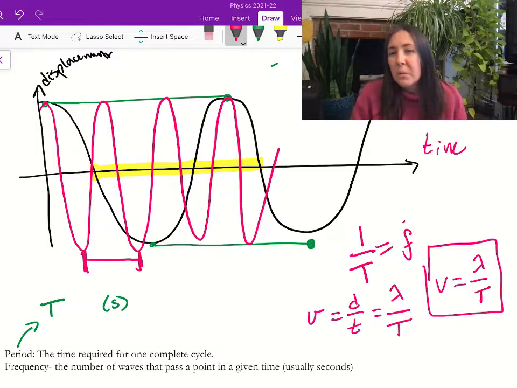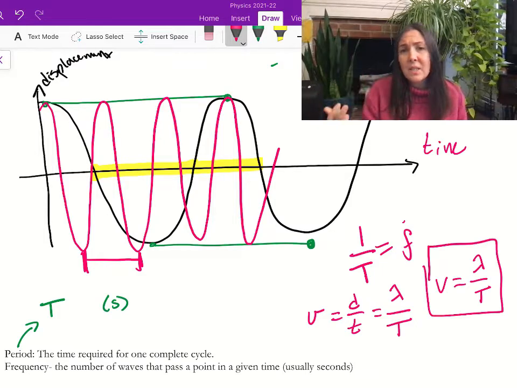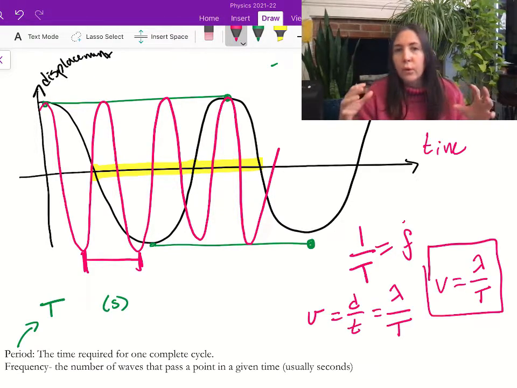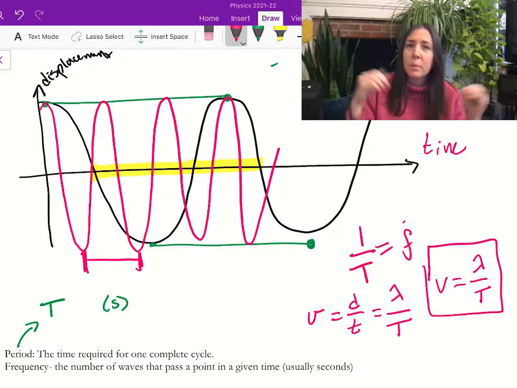Now, sometimes we don't really care about the period. When we have this mass oscillating back and forth, it's easy to think what the period is or to measure the period. But if this is sound, we don't really think about it as the period. We think about sound as frequency, like pitch. So something with a low frequency would be like this, and something with a high frequency would be like this.